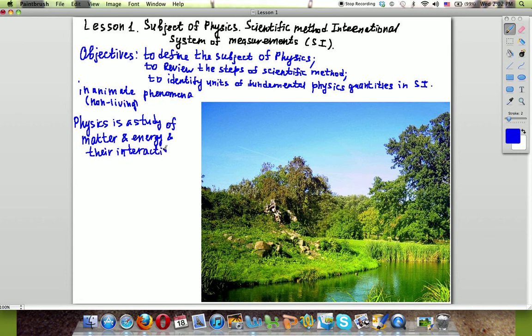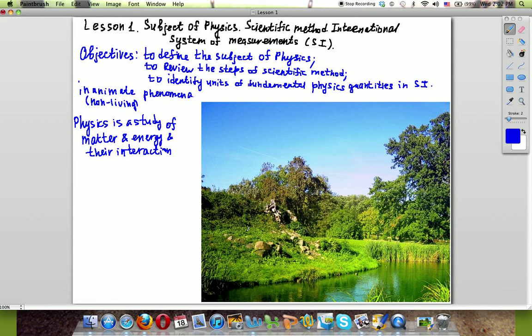For example, grass is the matter. The sunlight is an energy. So the result of the interaction is the color of the grass. The same atmosphere that seems invisible here is the matter, and light is an energy. The result of the interaction is the color of the sky.